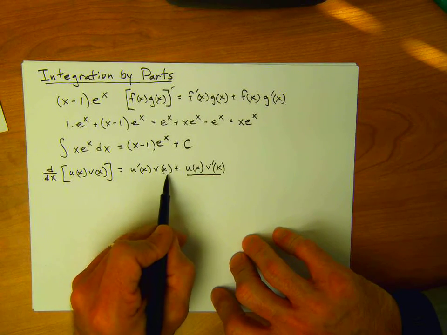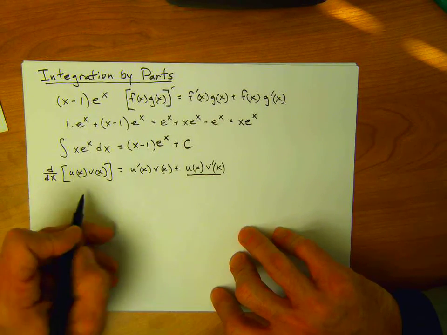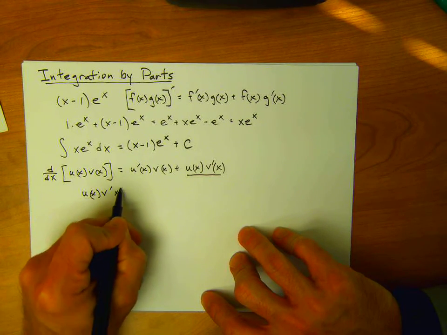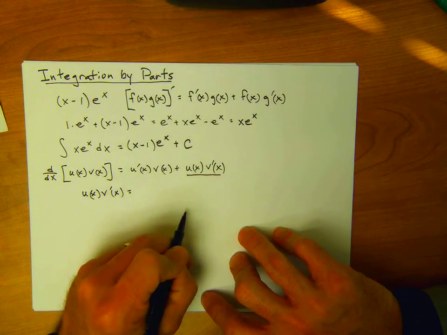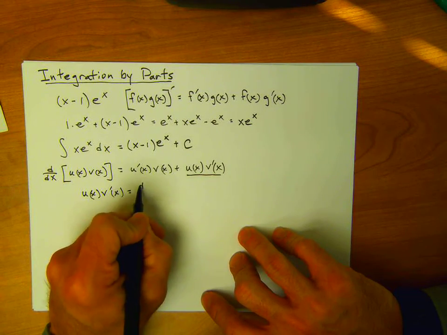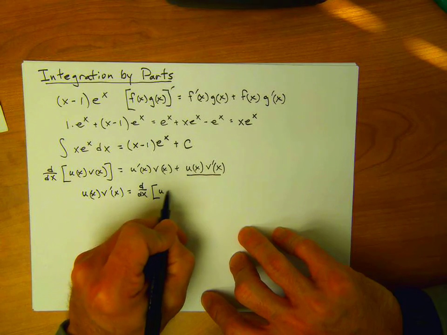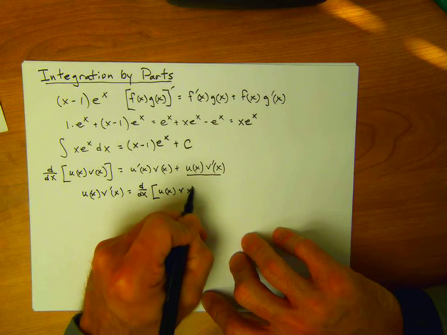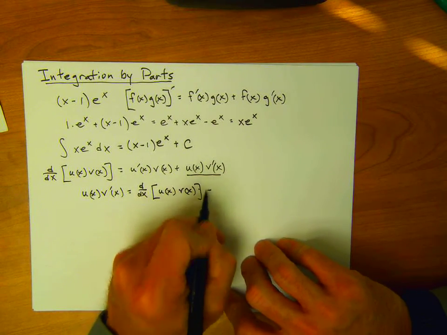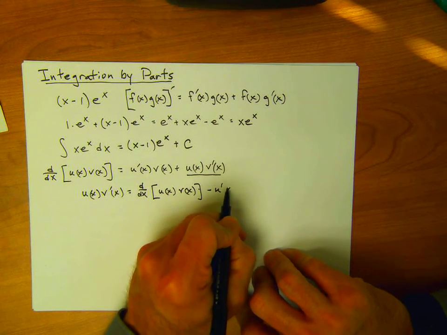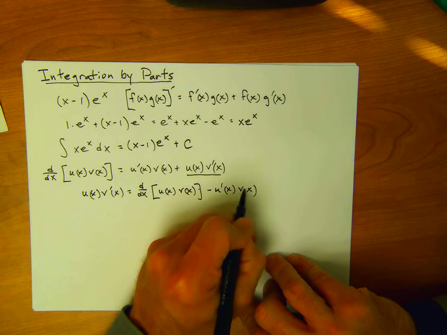I would subtract this off of both sides, and I would get that u of x times v prime of x equals the derivative of u of x times v of x, minus this, u prime of x, v of x.